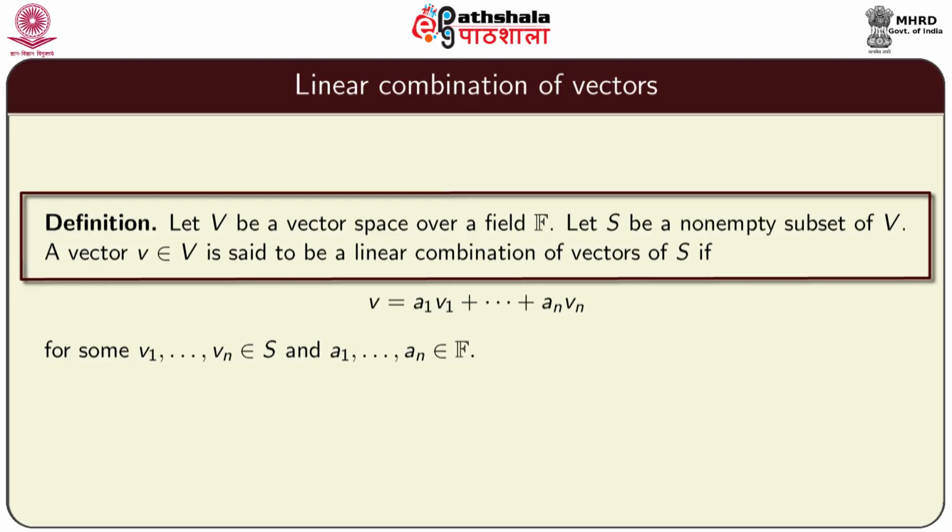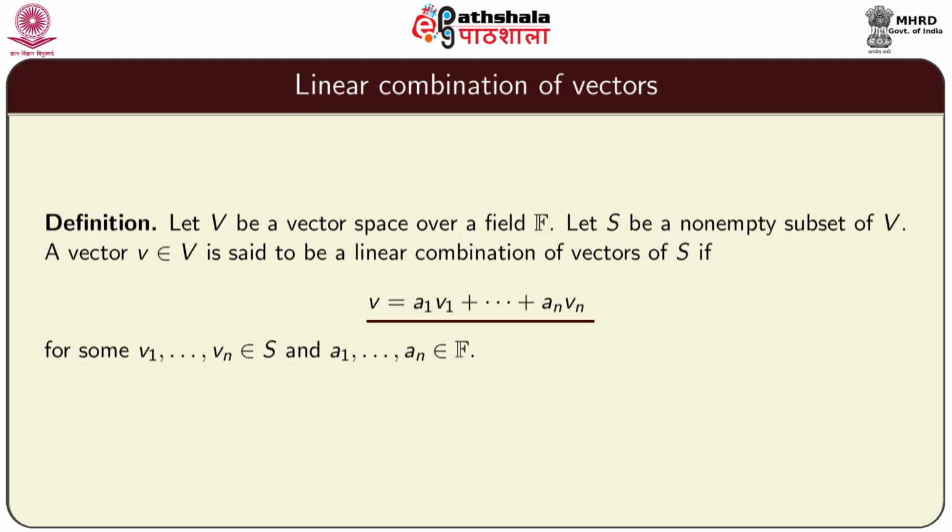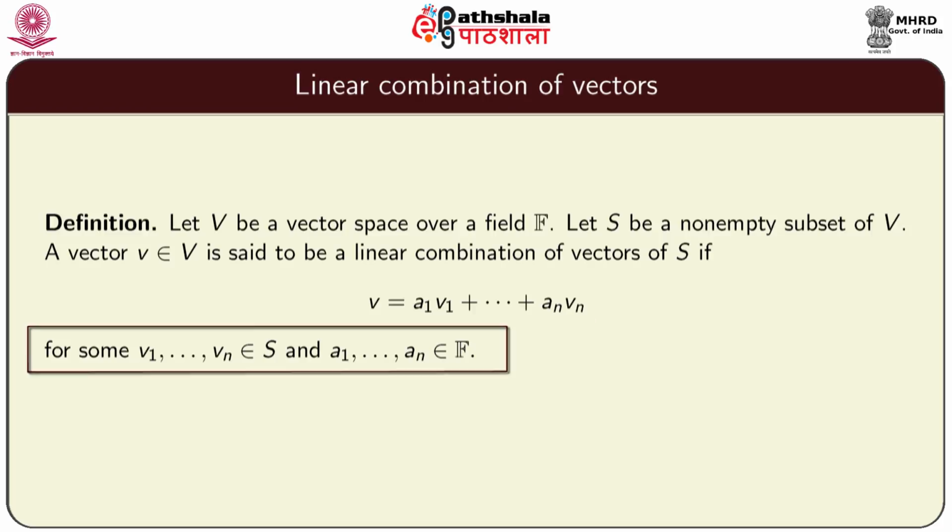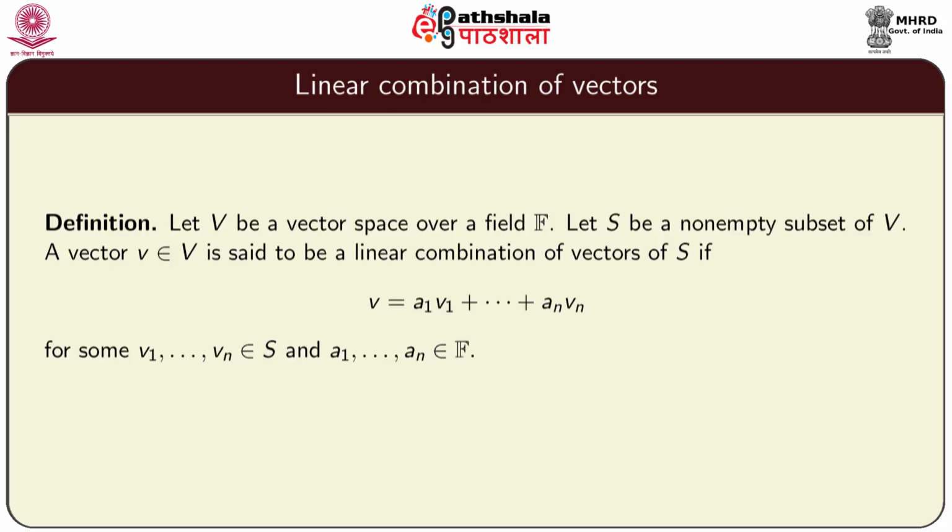Let V be a vector space over a field F and S a non-empty subset of V. A vector v in the vector space V is said to be a linear combination of vectors of S if v can be written as A1 V1 plus A2 V2 and so on up to An Vn, for some vectors V1, V2, ..., Vn in S and A1, A2, ..., An in the field F. These are, of course, the scalar multiples of the vectors V1, V2, ..., Vn with respect to the scalars A1, A2, ..., An.